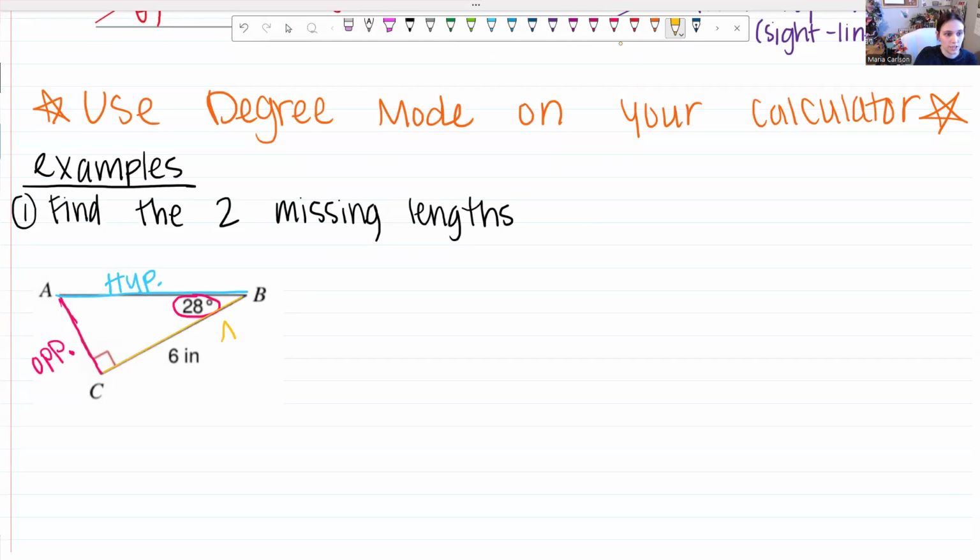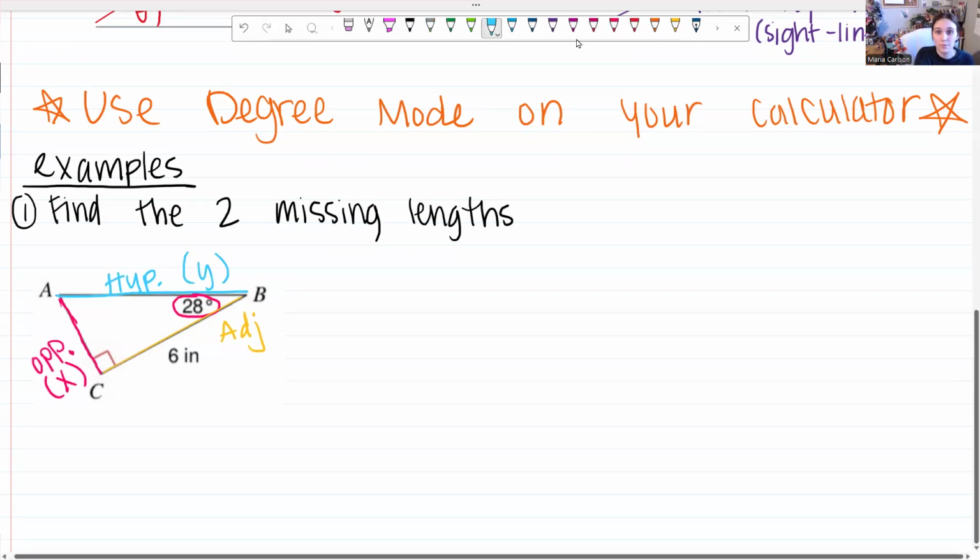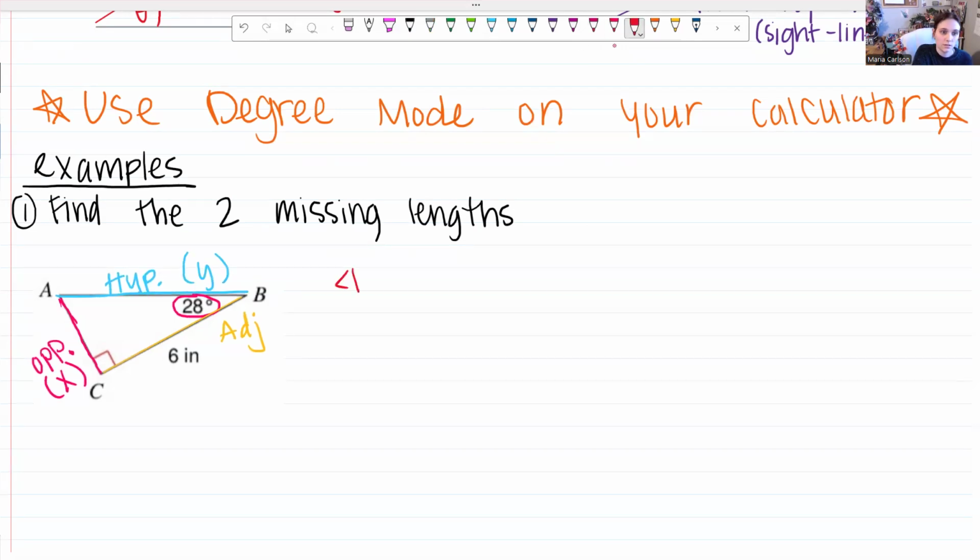So this is our adjacent side, which is 6 inches. Now the sides we need to find are the opposite, so I'll let that be X, and the hypotenuse, so I'll let that be Y. And we know that angle B is 28 degrees, so let's let that be our theta.